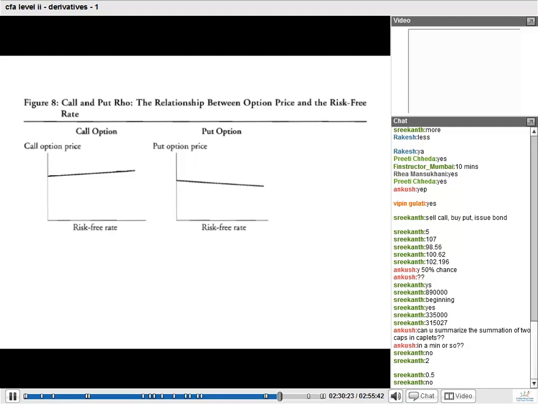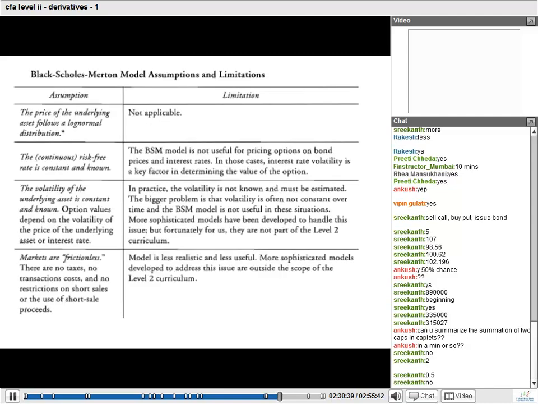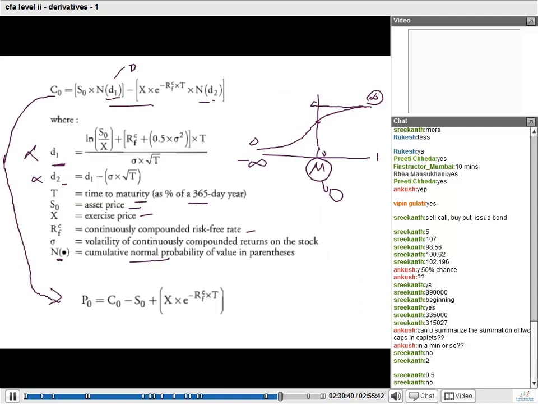So you can see from the Black-Scholes model that as the risk-free rate increases, the price of a call option will increase.